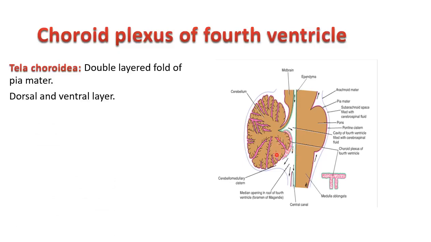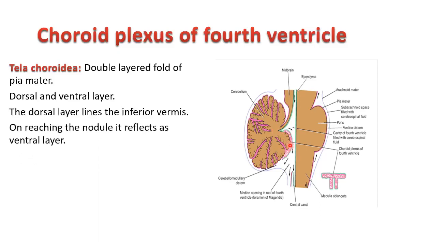layer. Now the posterior dorsal layer lines your cerebellum, or the vermis. This is your midline vermis, which it will line, as I told you, broadly the cerebellum. On reaching the anterior part of the nodule, it reflects as the anterior layer. You are able to see that. So that is the tela choroidea, a double-layered fold of pia mater.